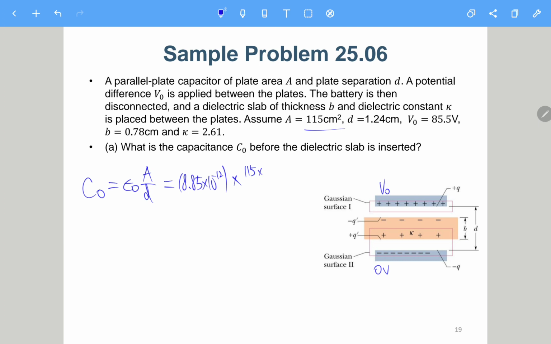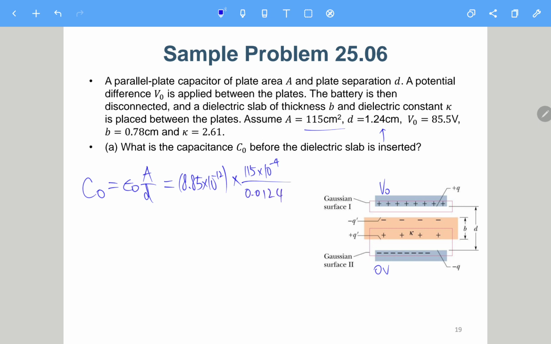So this is 10 to minus 4, because 1 meter is 100 centimeter, so 1 centimeter is 0.01 meter, 10 to minus 2, squared, so 10 to minus 4.